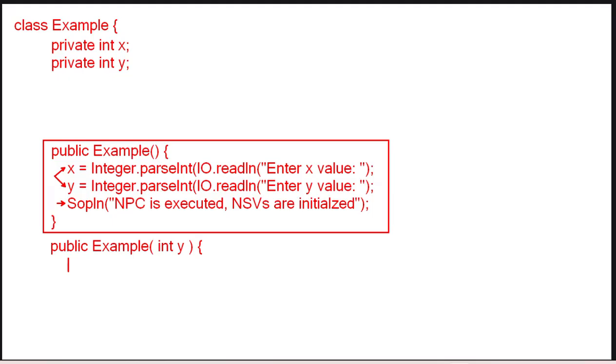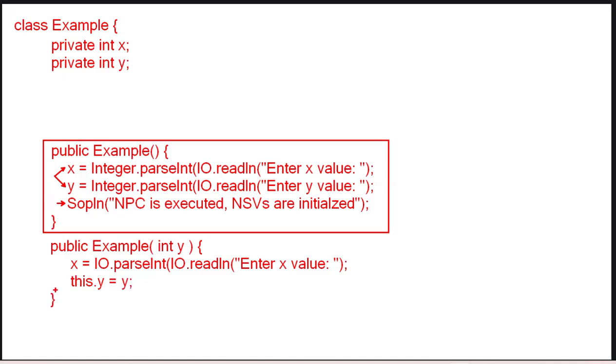Then how to initialize x? x equal to Integer.parseInt of IO.readln of "Enter x value". I want to initialize the x variable always by reading the value from the keyboard. Then the y variable, this.y equal to y, from the user.